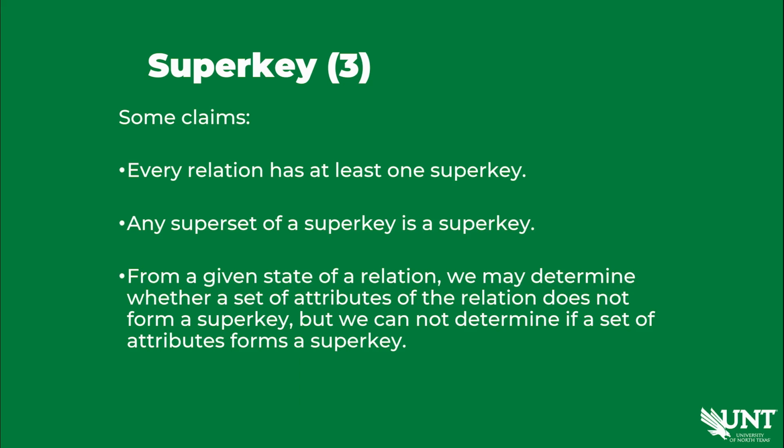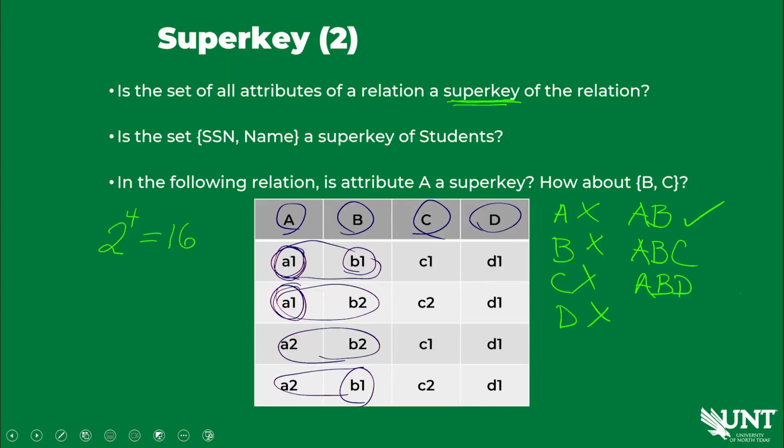Okay, then we have some claims related to what we have just been studying. One of those is we have to have for sure at least one, because the rule says that we don't have duplicates. So when we said at least one, it's because at least A, B, C, and D together, all four, for sure will be a super key, because the rule says that we cannot repeat the value.